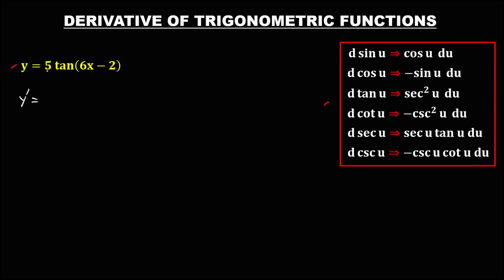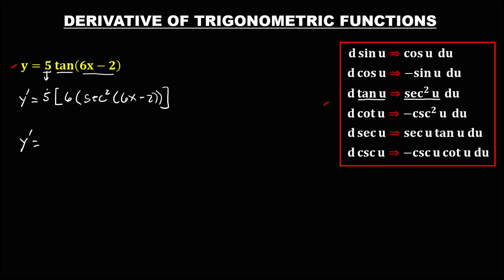Now take note that we always bring down the constant, so 5 times the derivative of 6x minus 2. So this one is 6. Then times the derivative of tangent, and the derivative of tangent is secant squared. So this is secant squared, then 6x minus 2. Then simplify.